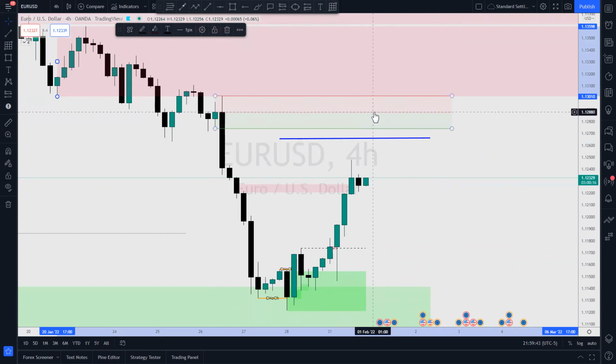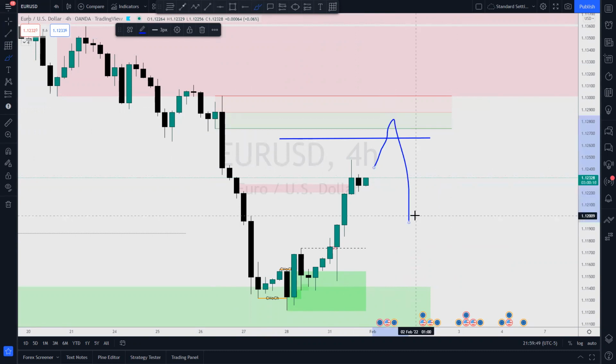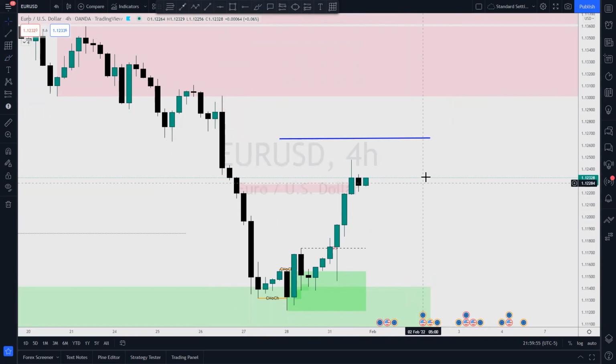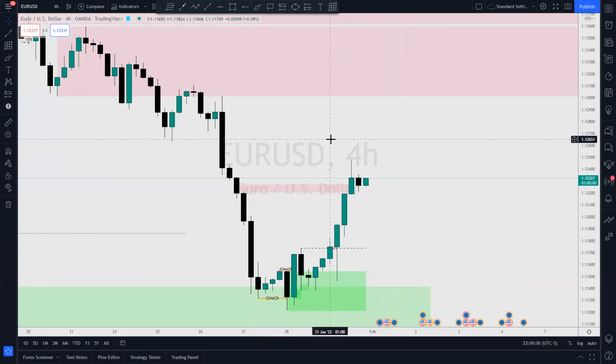The median threshold is very important. If price comes up here, what am I looking for? I'm not looking for a tap and go. I'm not going to leave a pending order there, hoping price will give us some kind of justice. What I'm going to look for is, can't believe I just erased all of that.